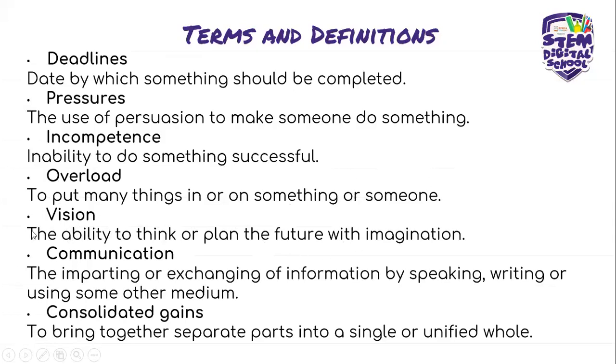So basically, your vision, guys, is the ability to think or plan the future with imagination, basically, right? So it's when you visualize and when you think, where you want to see yourself in the nearest 2 years, nearest 6 months, nearest 3 weeks, or nearest 4 weeks.